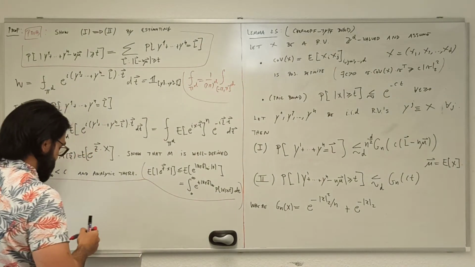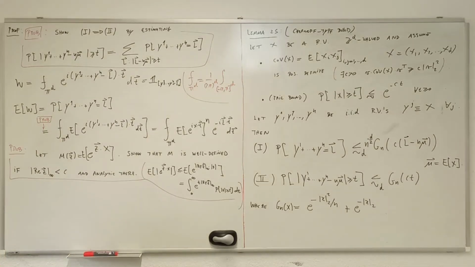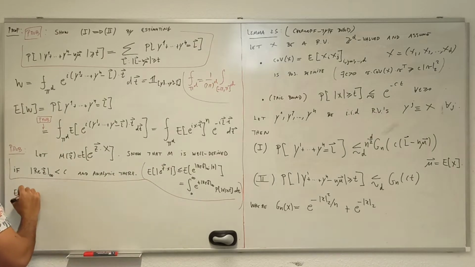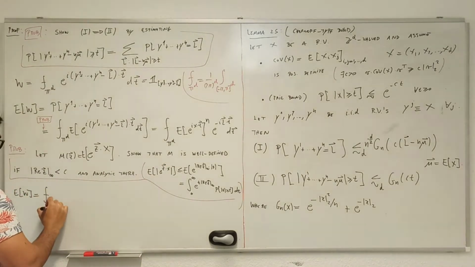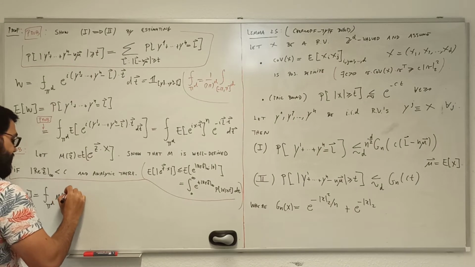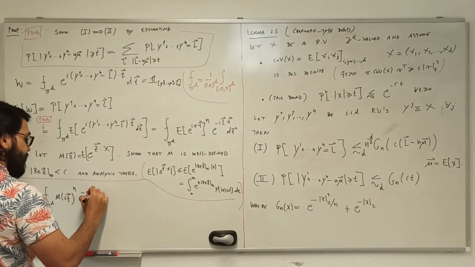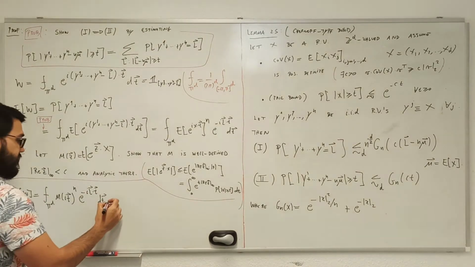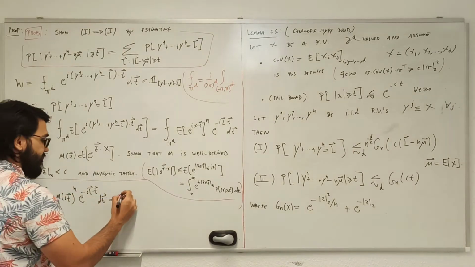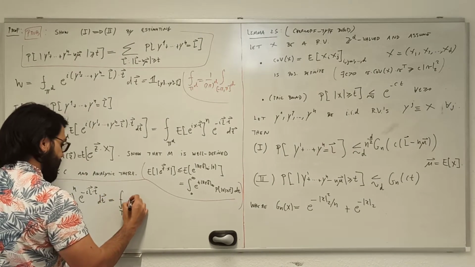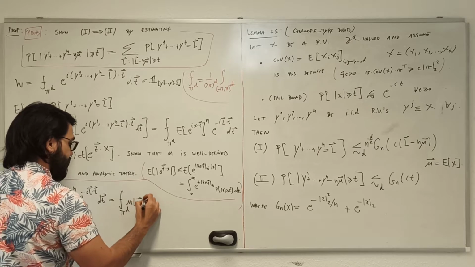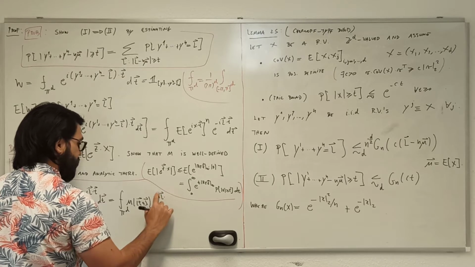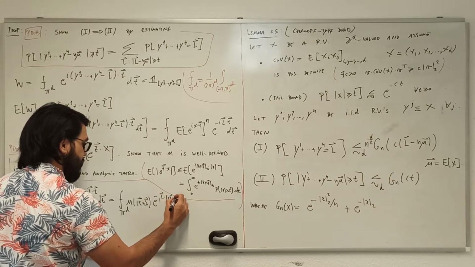And that's the problem. So if you show this is analytic, then you can realize that EW is just the integral of M of it to the n, e to the minus i l t, dt. And then now I can make a contour shift, and I'm going to explain this in a moment. So I can make the following contour shift, and this is supposed to be it plus lambda.